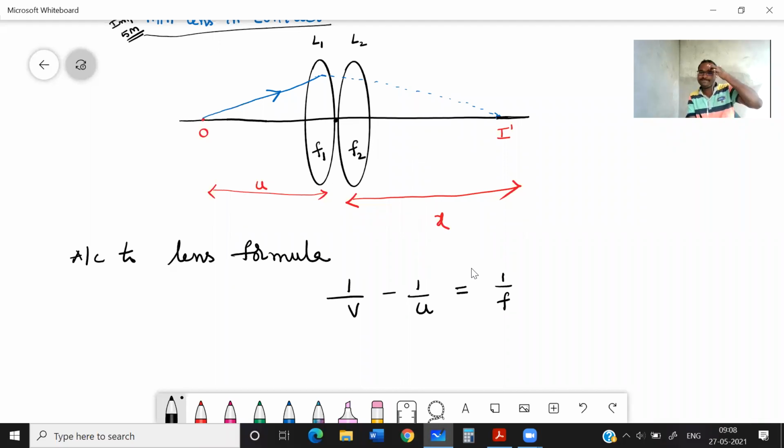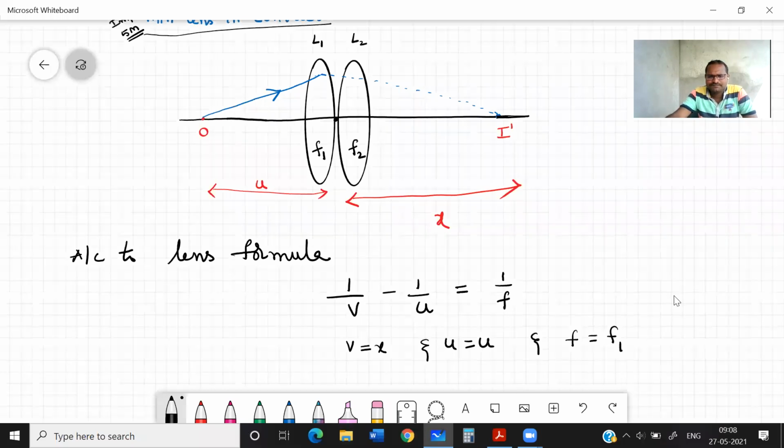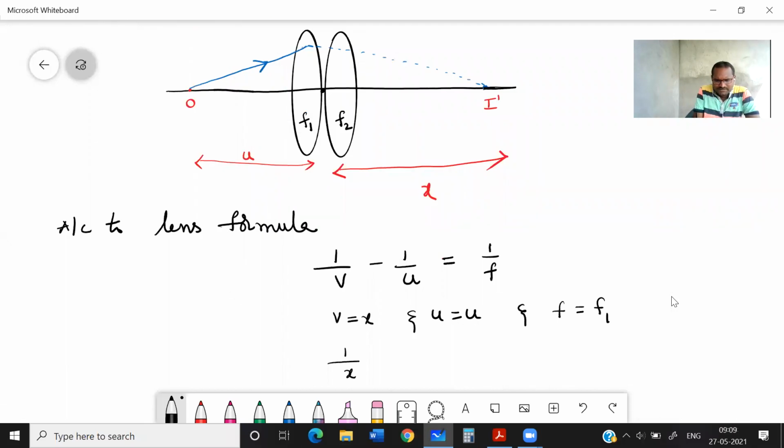For the first lens, the image is formed at a distance of x, so the v value is x, the u value is u only, and the f value is f1. Substituting, we get 1 by x minus 1 by u is equal to 1 by f1. Let us call this equation number 1.